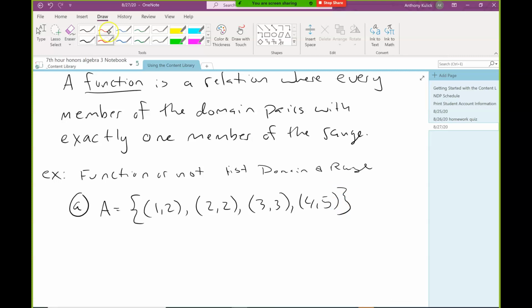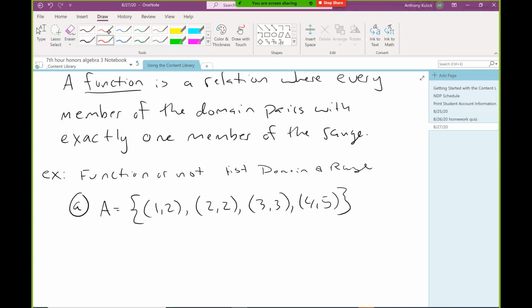Okay. So first thing, let's decide whether this is a function or not. Remember, there's 3 things to check. Is it a relation? Yeah, that's just a set of ordered pairs. That's one of the representations we use for a relation. Is everything in the domain paired with something in the range? Yes, because again, we have ordered pairs. If you have a set of ordered pairs, that part is trivial.